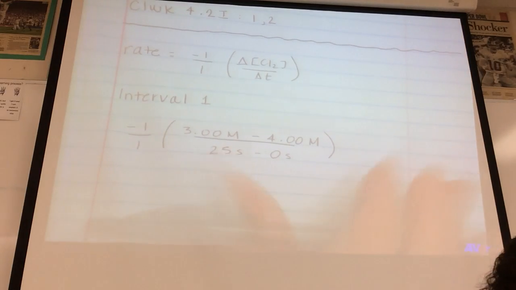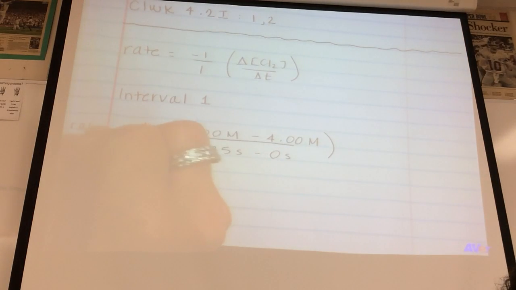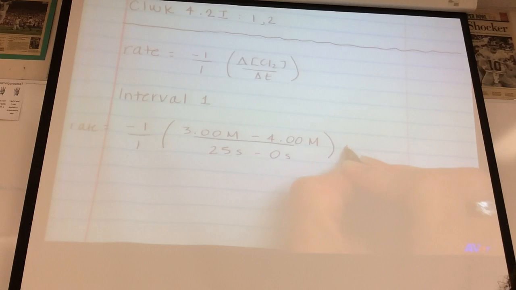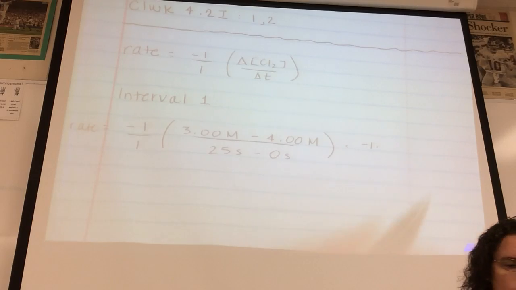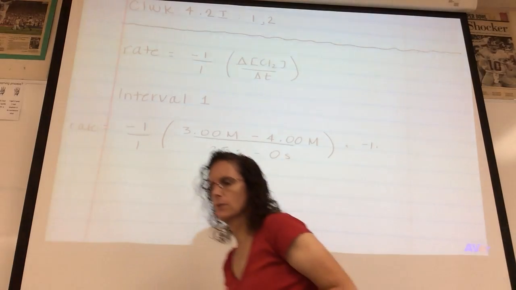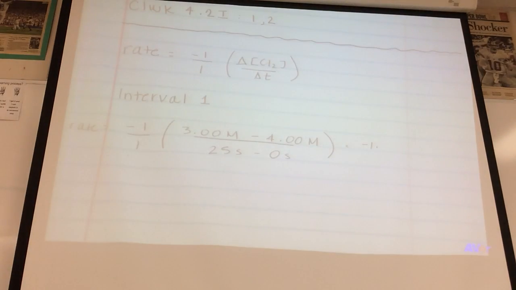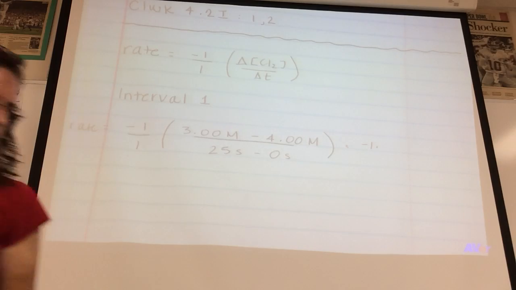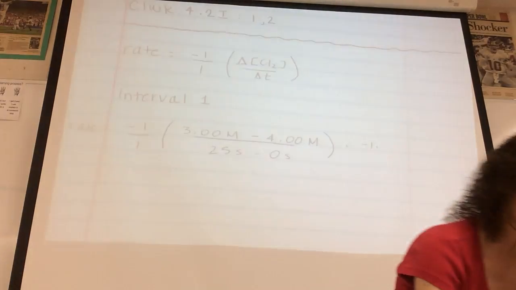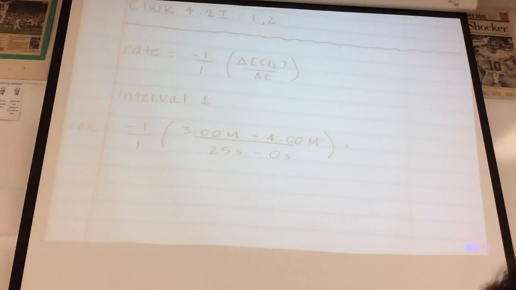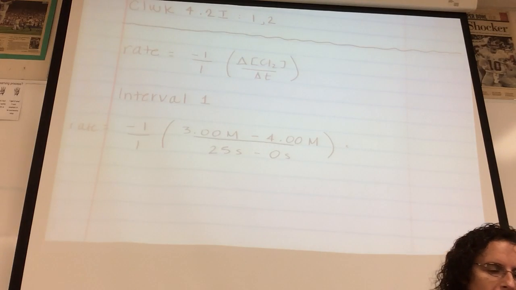And I probably should put rate right here. So that's going to be -1 times the -1. I probably think I would just write a negative there. I don't think I would write that again. So let me fix that. All right, so we'll just make this a negative.